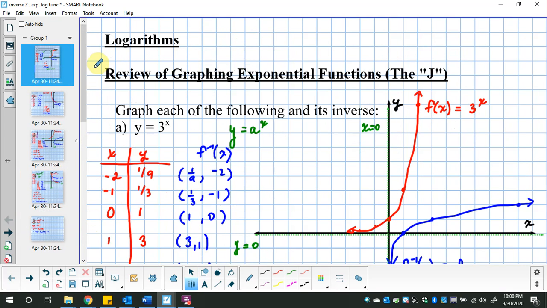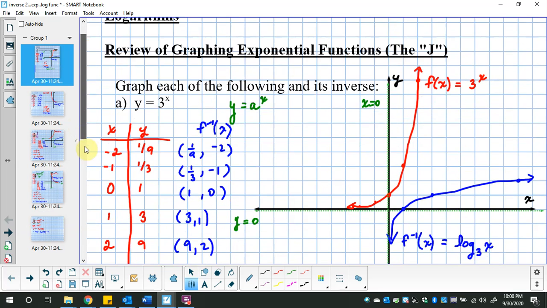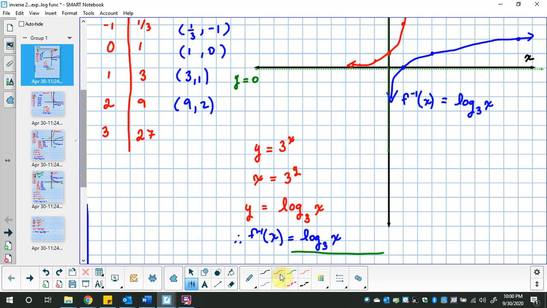But the original log graph does not have, I'm going to put a little note here because it's super important, all positive x values.